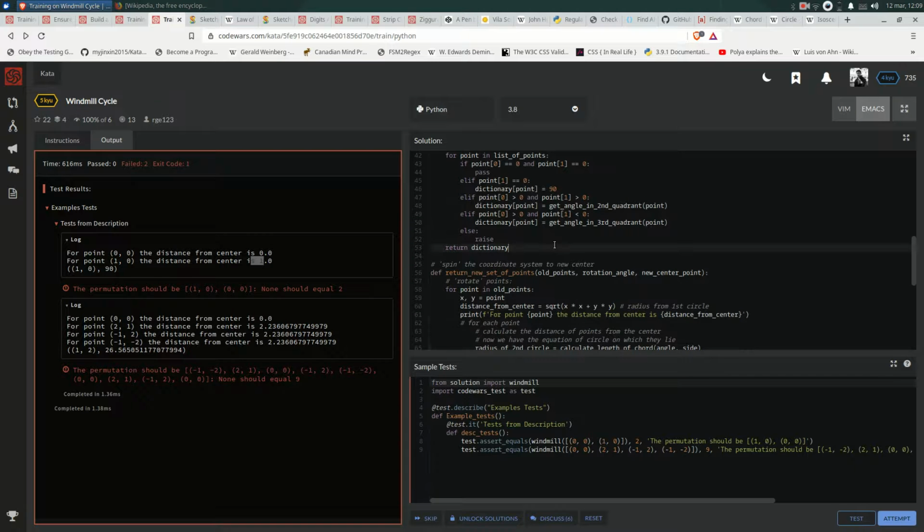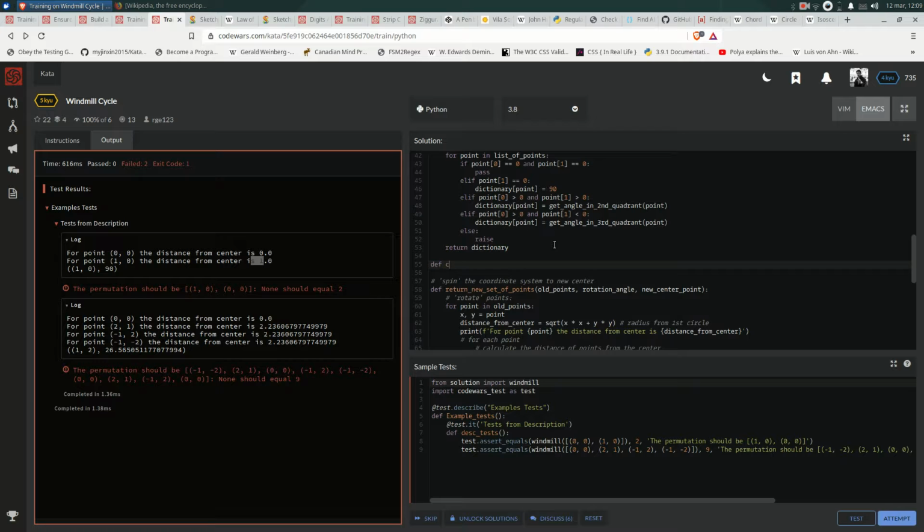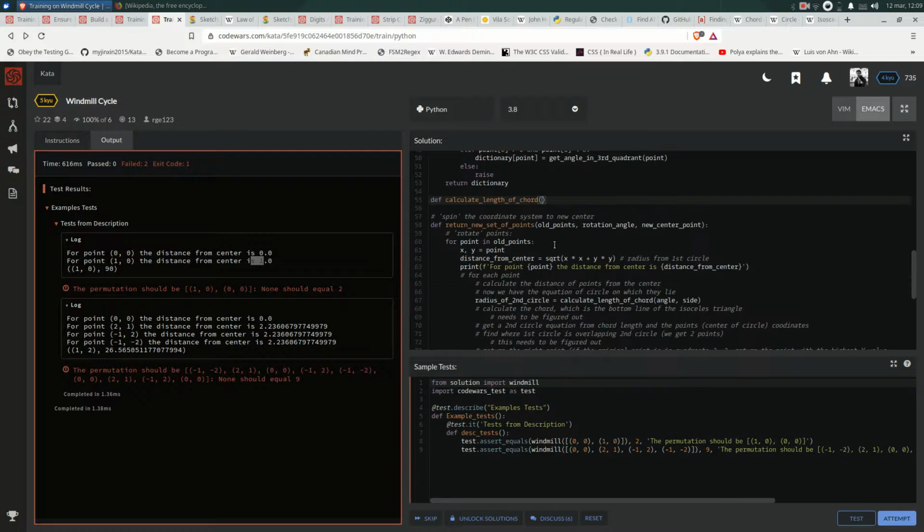So here we say define calculate length of chord. What do we get inside? Angle, side.